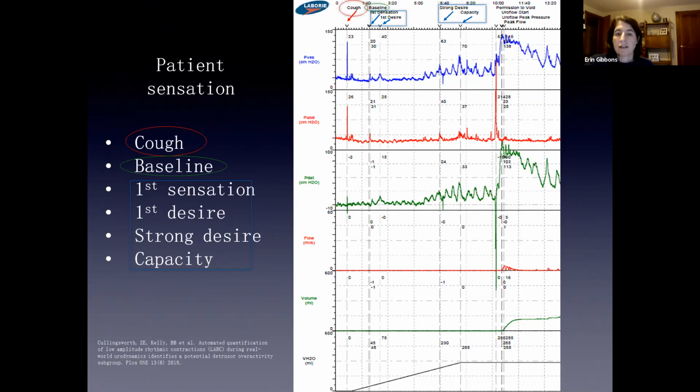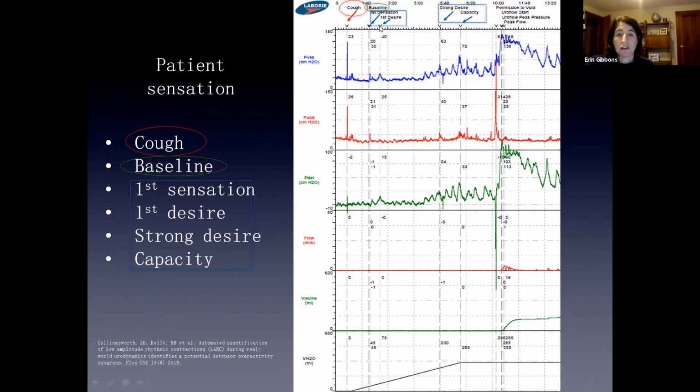Sometimes people freak out when they first get the test, and this green line, which is really the one we want to be looking at, the detrusor pressure, is maybe below zero; here you can see it's at -5 because here's -10. But that's normal. It's just the subtraction of the abdominal from the vesical pressure. So that cough at the beginning is a good way to make sure that you're getting a good signal and that your numbers are starting off at the right place.